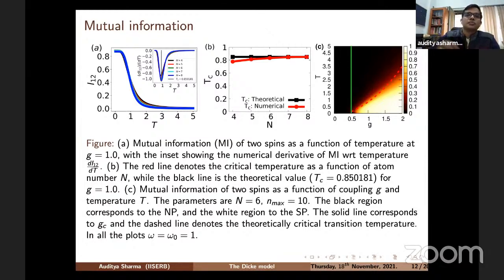But then as you increase this temperature, as is seen in figure A, you see that the mutual information starts dropping. And in fact, this agrees very well with the dashed line, which is the curve from theory, from the analytical expression.